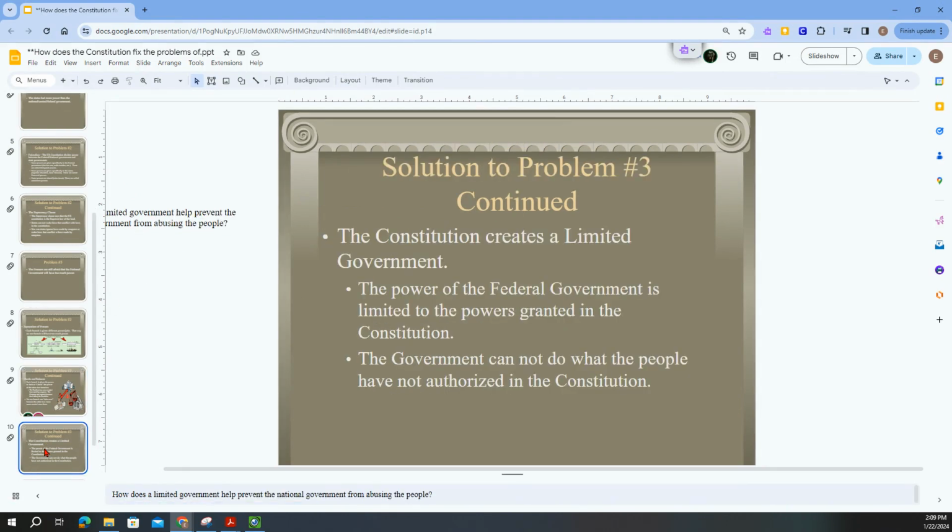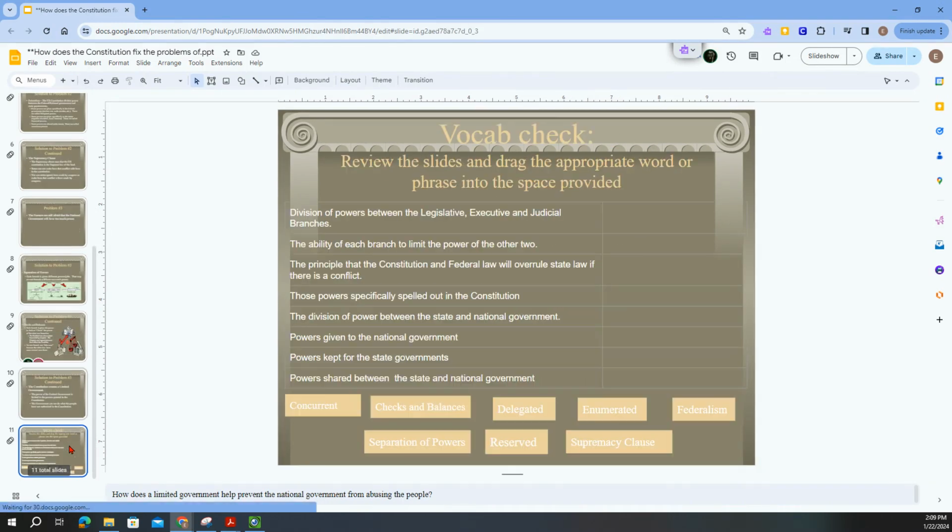And then you'll want to go to the vocabulary check and drag and drop your vocabulary in the appropriate spots here. So when you answer all these questions, you're going to go back to the slideshow that's posted in Google Classroom and do the question, watch the video posted on slide 9, and then do the vocabulary that is posted on slide 11. All right?